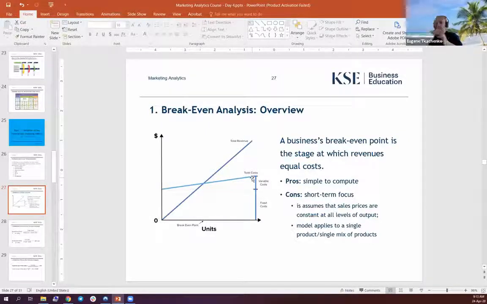So, for example, you spend $1 on packaging one item, one product. The total variable cost wouldn't be, let's say, $100 all the time. It will differ significantly based on your production output.